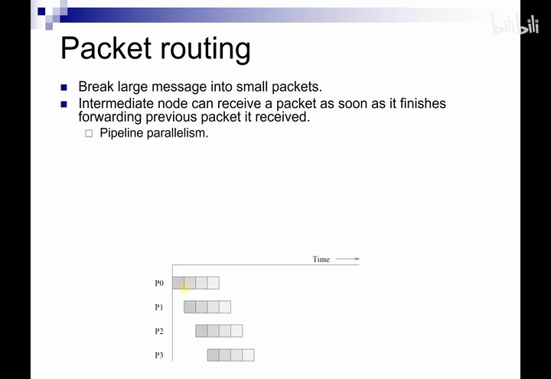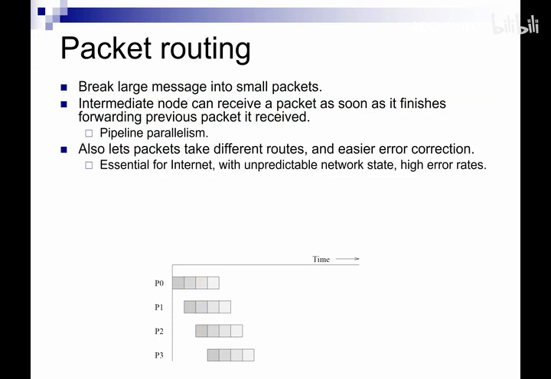In the second time step, P1 gets the first packet, and P0 gets the second packet and forwards it to P1, while P1 forwards the first packet to P2. Therefore at the third time step, P0 has the third packet, P1 has the second packet, and P2 has the first packet. So we keep sending in this pipeline fashion.